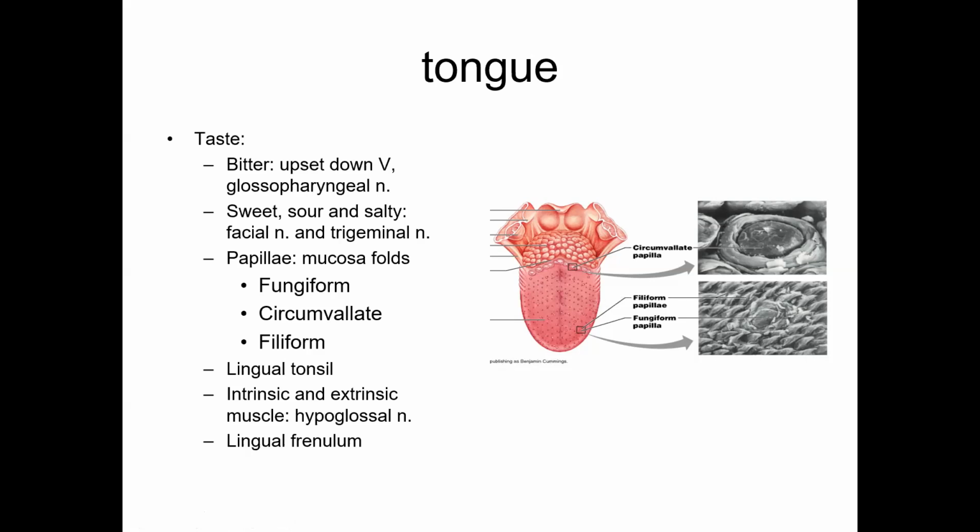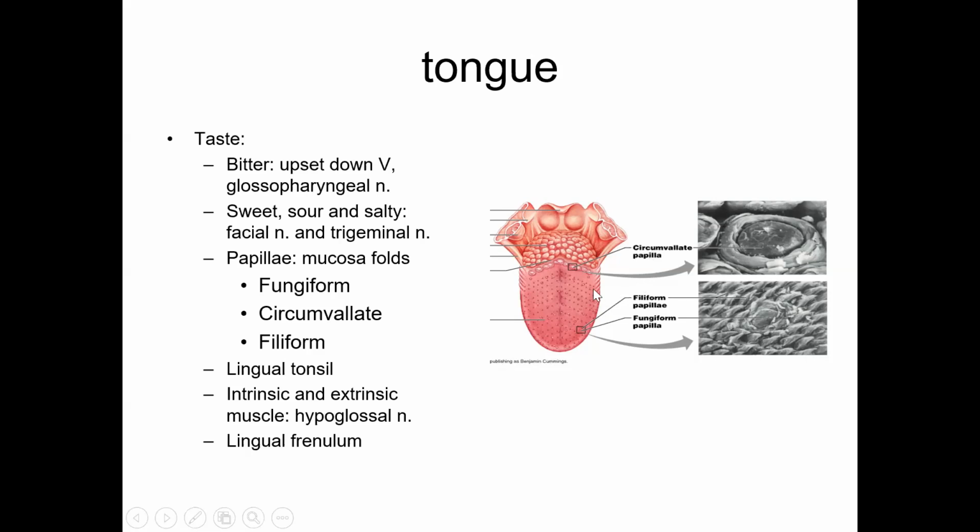This is why, if you're taking a pill, if you put it on the anterior part of the tongue and then swallow it, you don't really taste the bitterness. But if it gets stuck in the back of the tongue, you can really taste the bitterness, because most of the bitterness receptors are close to the base of the tongue, located in the structure called circumvallate papillae.